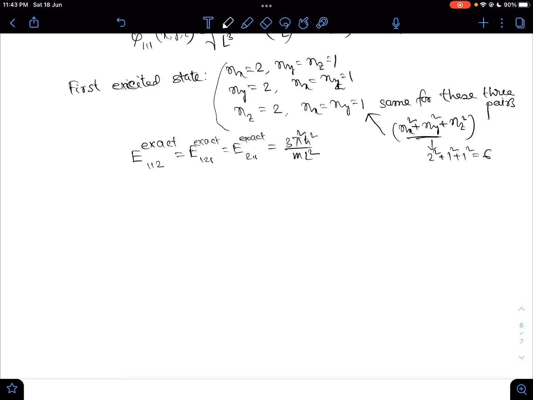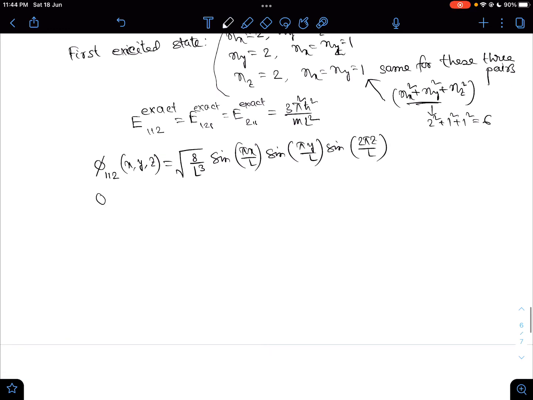And what are the wave functions? We have three wave functions corresponding to this energy value. One is 112. It will be root of 8 by L cubed, sine pi x by L, sine pi y by L, sine 2 pi z by L. So this is one. What will be the second one? It will be 121.